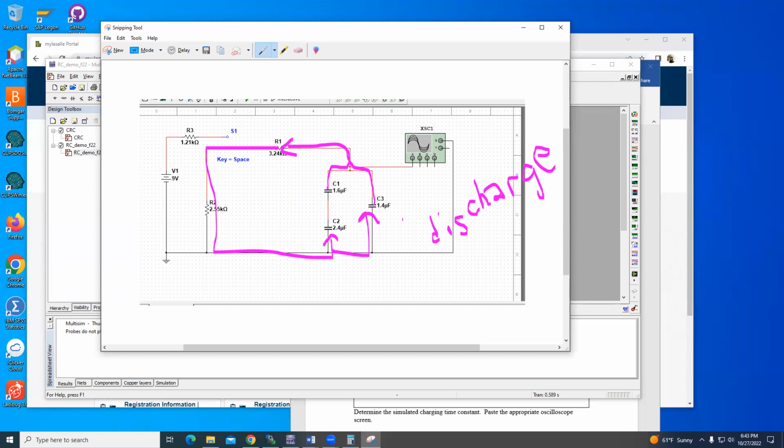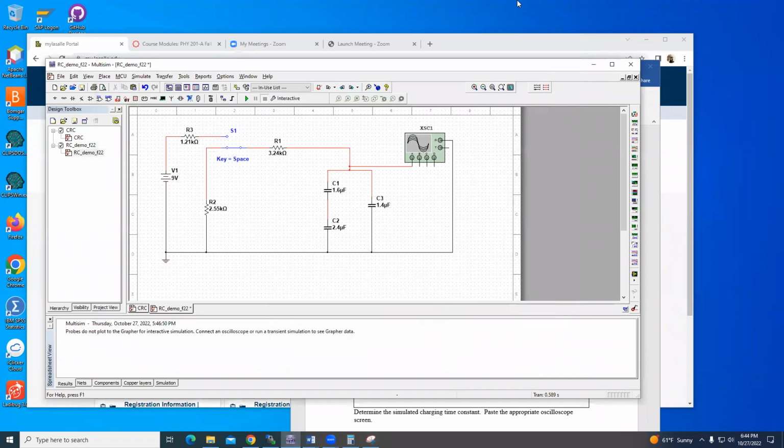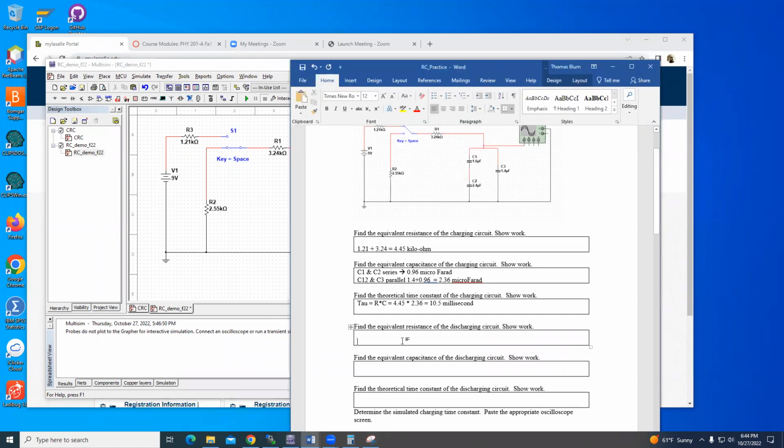Okay. Who's not in the discharge circuit? R3 is not in the discharge circuit. R1 and R2 are in the discharge circuit. Okay. So R1 and R2 are in series and in the discharge circuit. And that is the 3.24 and the 2.55.